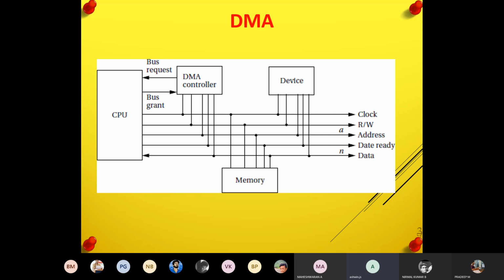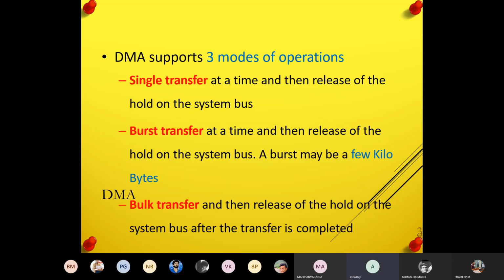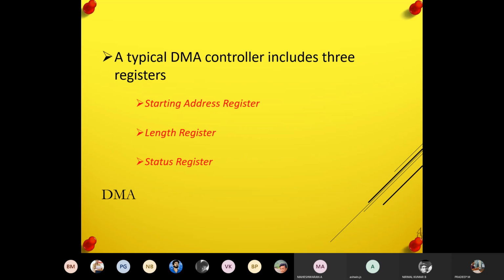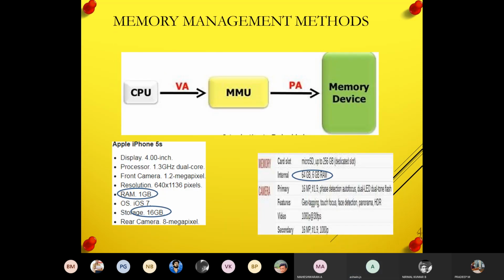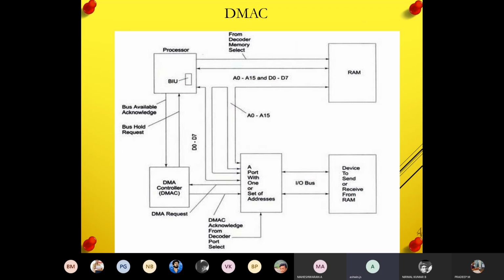So what is the main operation? Let me show this diagram and it will be easily understood. Here, the processor is there, below it the DMA is there, and the port is there. The ports are connected to the devices. First, a port will request that it wants to write or access some data from the RAM.